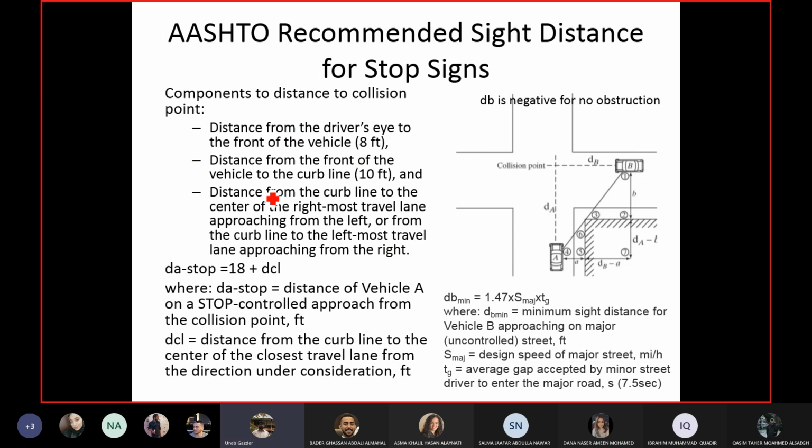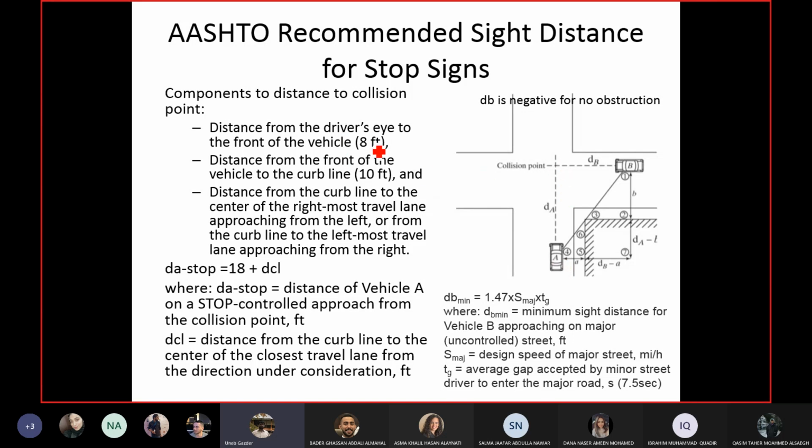So there are 3 components to the distance from the point where the driver is looking at the road to the collision point. So this is the collision point. From the point where the driver is to the collision point, we have 3 components of distance.